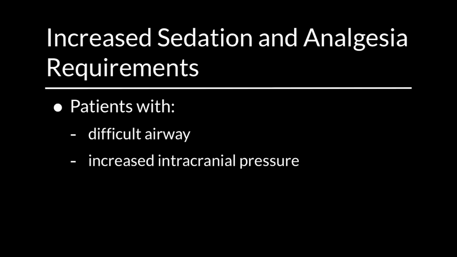So certain things like patients who are known to have a difficult airway, patients with intracranial pressure increases, and patients with conditions like pulmonary hypertension are ones in which you may wish a more significant level of sedation and analgesia so that changes in their physiology don't cause major problems for vital functions.